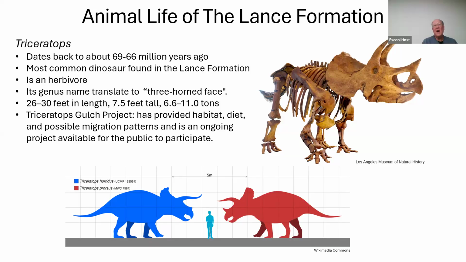Again, they're the most common dinosaur found. They're herbivores. The genus name translates to three-horned face. They are quite large. They can range from 26 to 30 feet in length, stand 7.5 feet tall, and weigh as much as 11 tons.